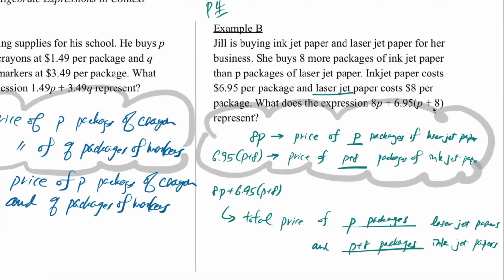So what that means is a price of P plus 8 packages of inkjet. So whatever amount of package you have for laser jet printer, you're gonna have 8 more for the inkjet, right? All right. So now that you thought about that, so what does that mean when you add them together? It is a total price of P packages of laser printer papers and P plus 8 packages of inkjet papers. Did I say packages over here? I meant to say papers.